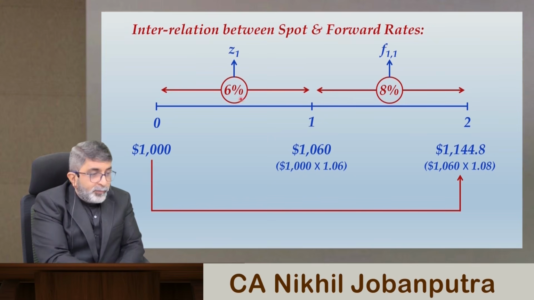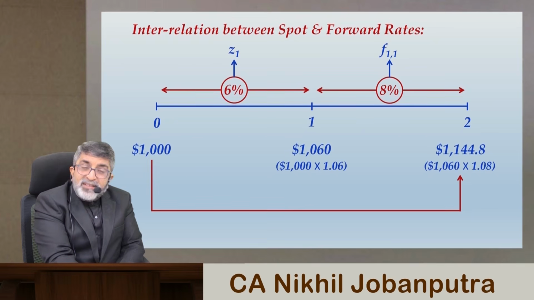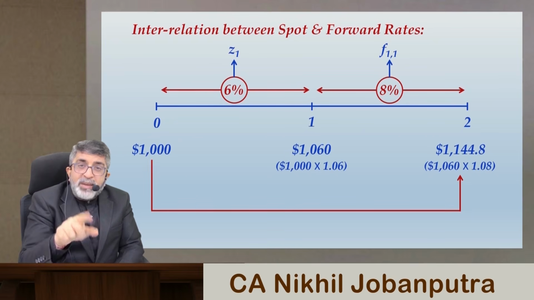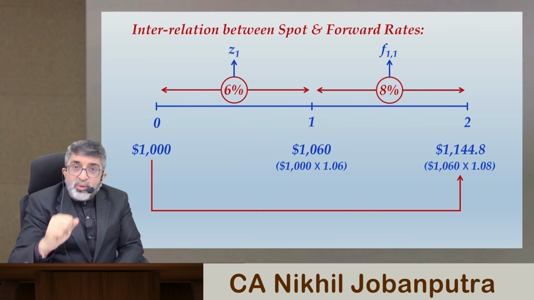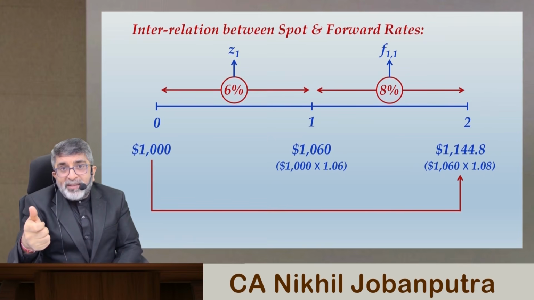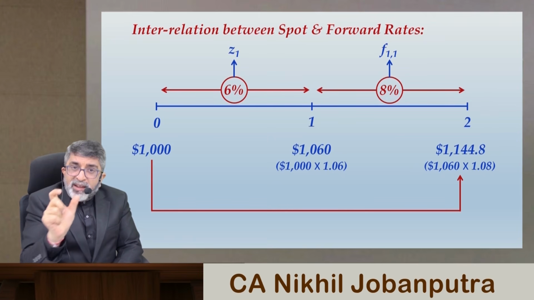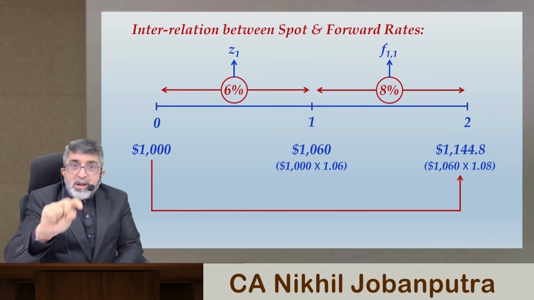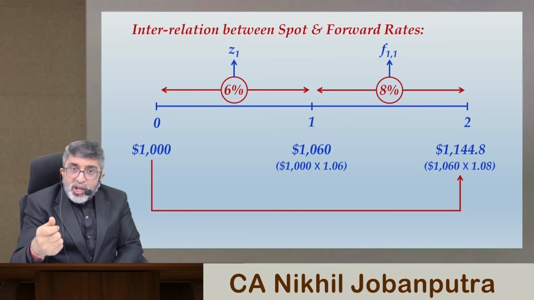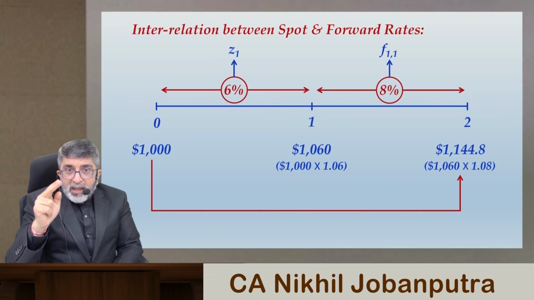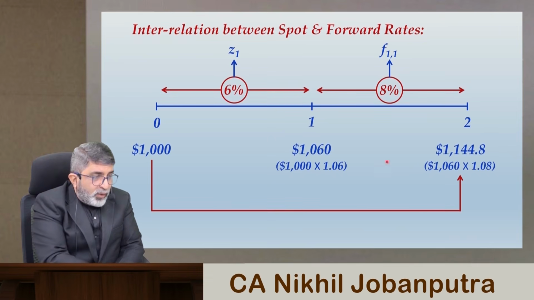And symbolically, if this was Z1, then this will be Z2, and the factor that connects from 0 to 2 years will be (1 + Z2) raised to 2, because the 2-year factor compounding is happening on an annual basis. So 1 + Z2 is the factor for 1 year, and 1 + Z2 becomes the factor for the other year, because Z1 and Z2 are different. Z1 was applicable for the first year, Z2 is applicable for a 2-year loan.